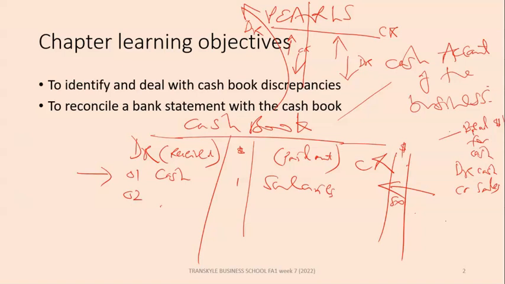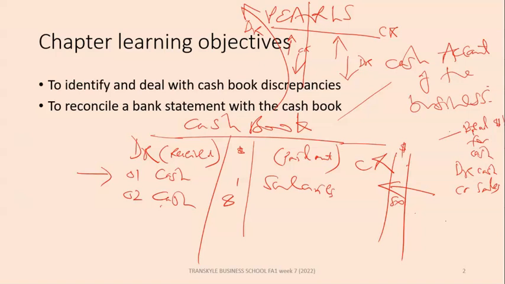But the most important point to note is the cash book balance. Let's say we made another entry here for $80, money which we have received from a customer again. Then by the end of the day, the cash book is balanced.